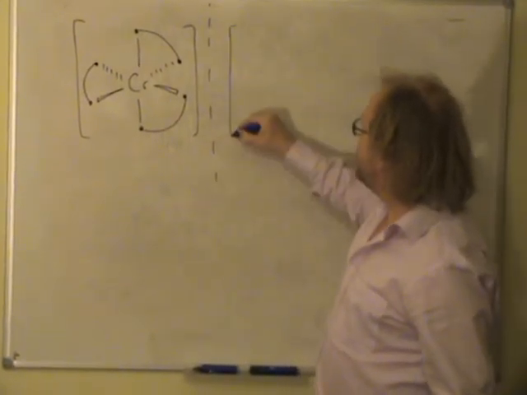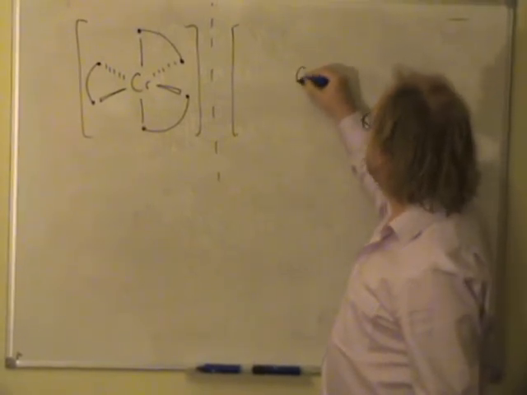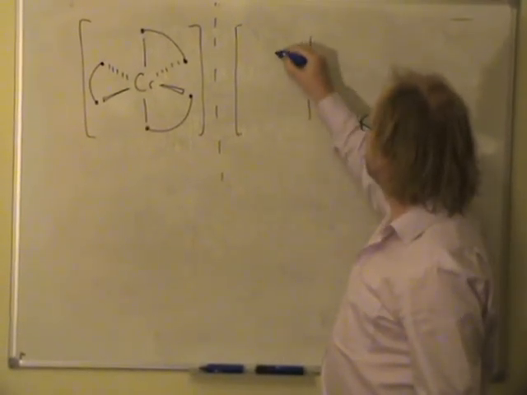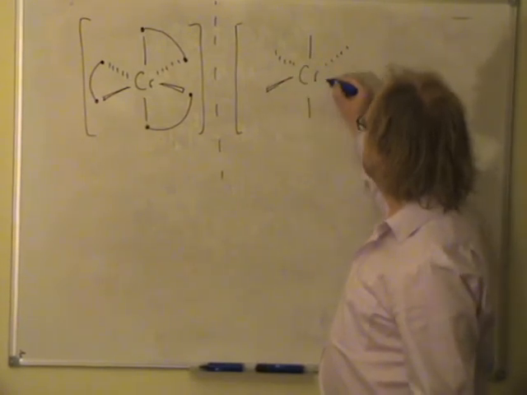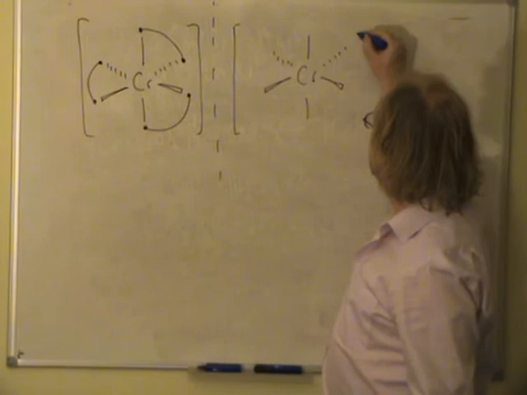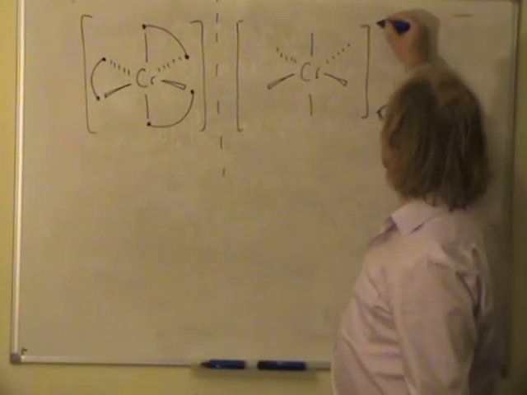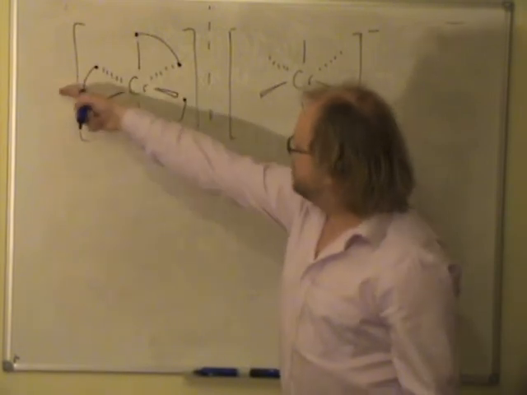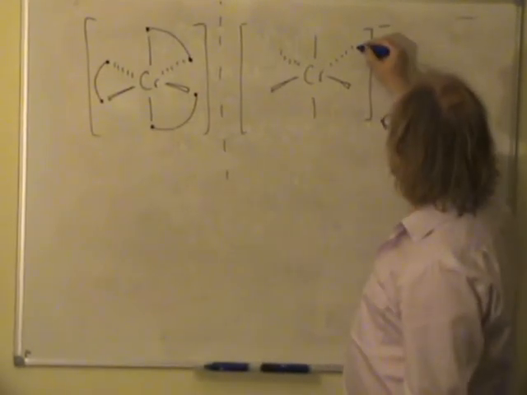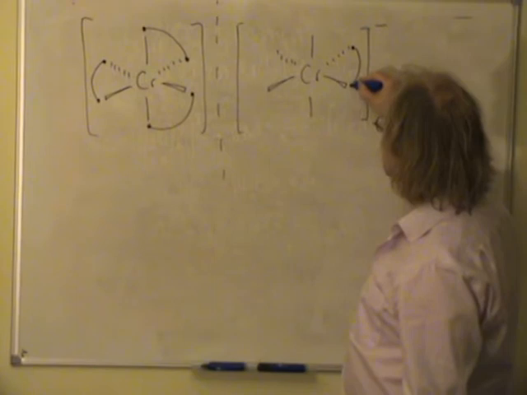If you draw the mirror image of that over here, to get the mirror image, you just notice that that one's pointing far away to the left, so on the mirror image it will be pointing far away to the right.